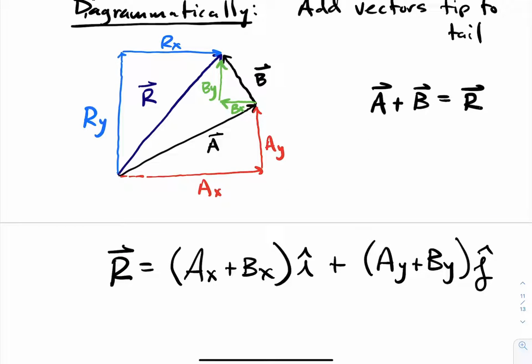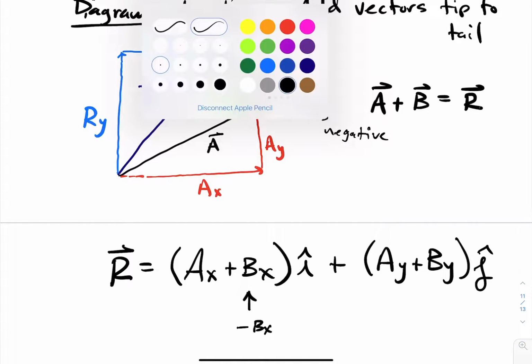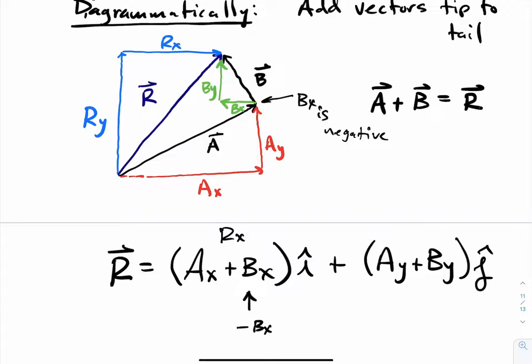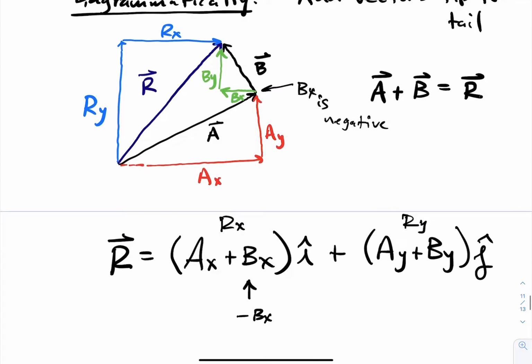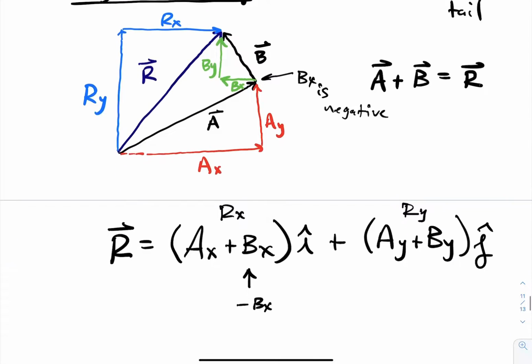Something to note is that BX is negative. And so when we substitute in our values here, we'll end up putting in a negative BX, and that would make RX and RY accurate, but RX would then be less than AX, like we want. So when you add vectors, you can just put together their components and then have your answer.